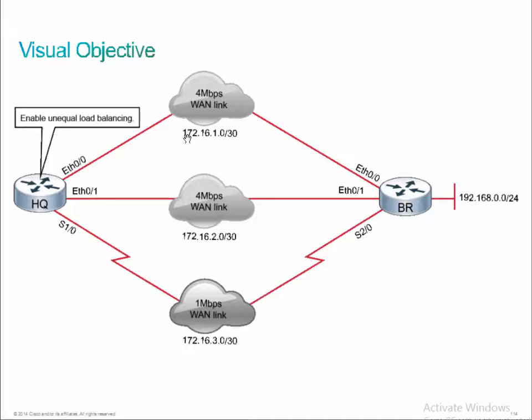But what we'd like to do is convince EIGRP to use all 3 paths. It's the only protocol that actually has that capability to do unequal cost load balancing. There is no other routing protocol that has this capability.